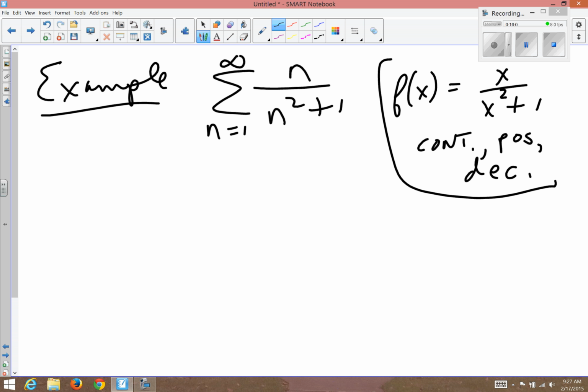You would only apply the integral test if this function is all three of these things. So check out the graph of this function, and you'll see that it's all of these. Sigma becomes integral, n's become x's. Integral without a dx doesn't make sense, and 1 to infinity.